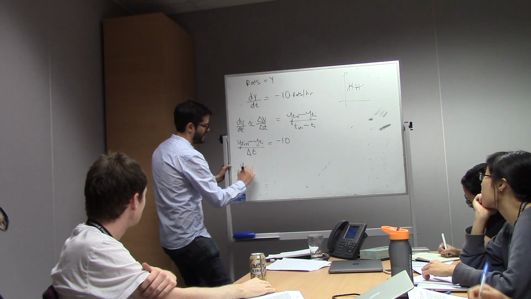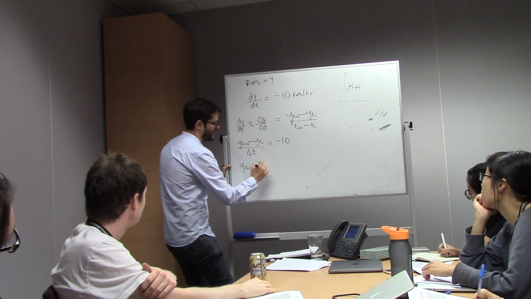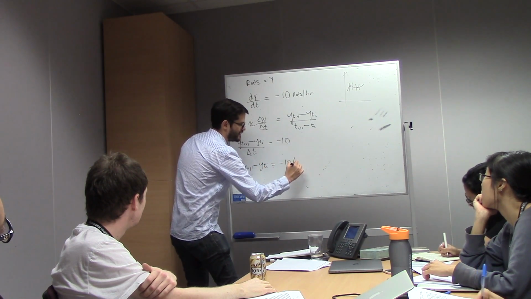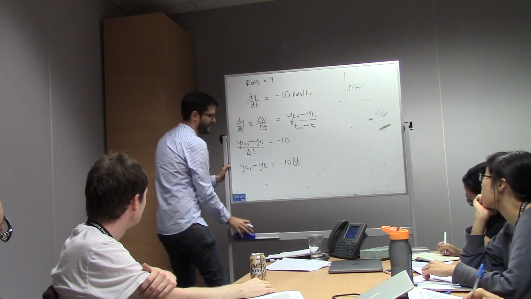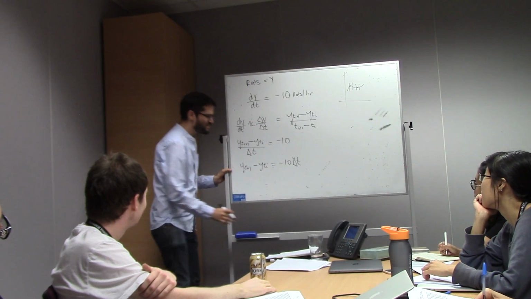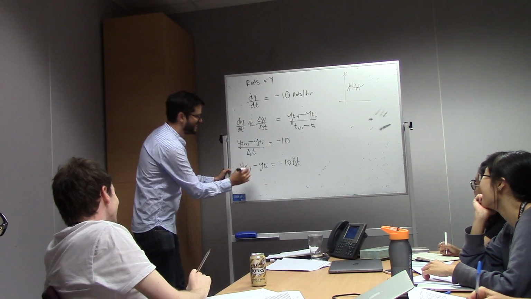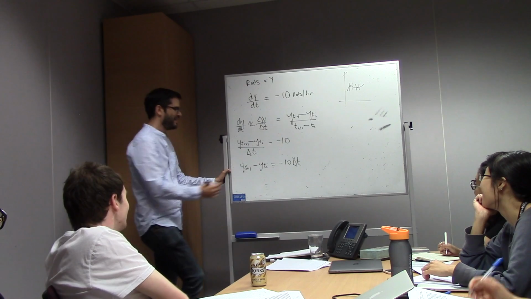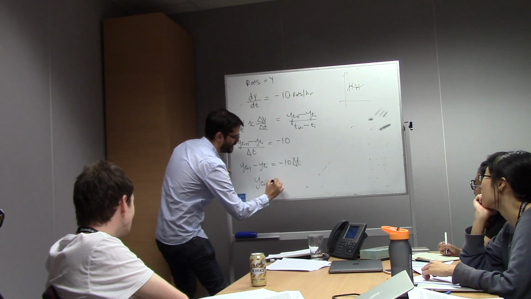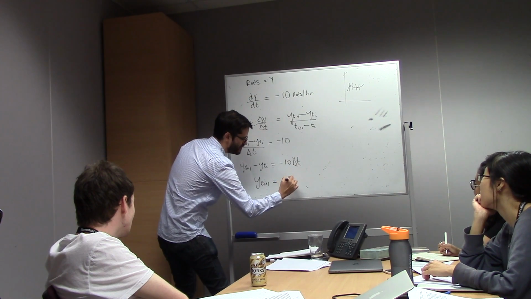Now the next step. If you take y of t_{i+1} minus y of t_i, it's just algebra here, equals minus 10 delta t. If I get my algebra wrong, sing out. Get an extra point in the exam. Then we can say y of t_{i+1} equals y of t_i minus 10 delta t, just moving this around.